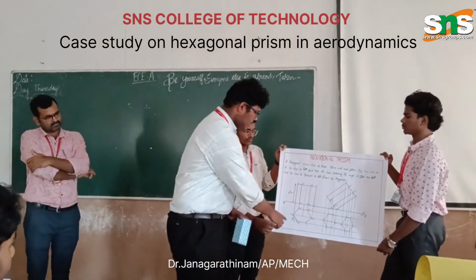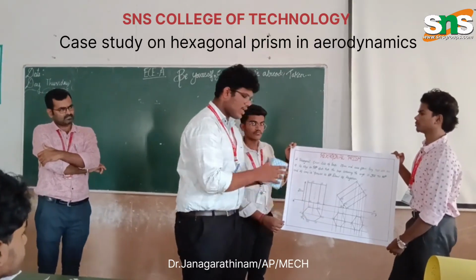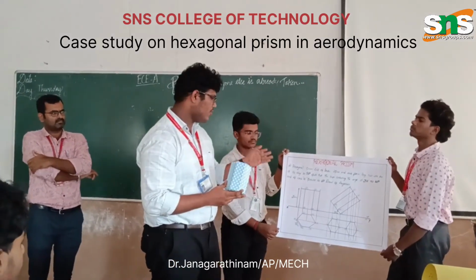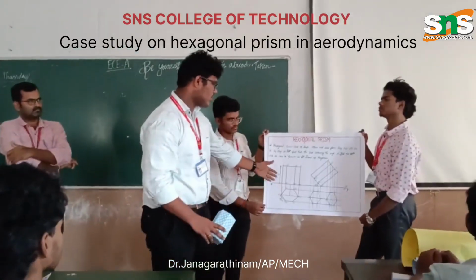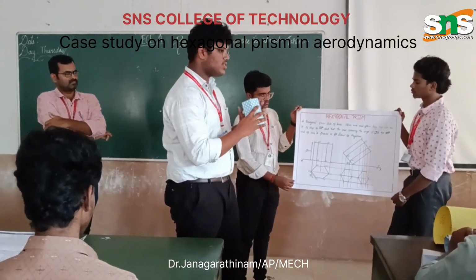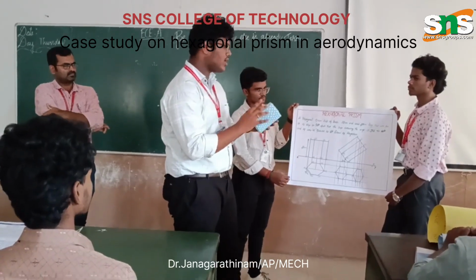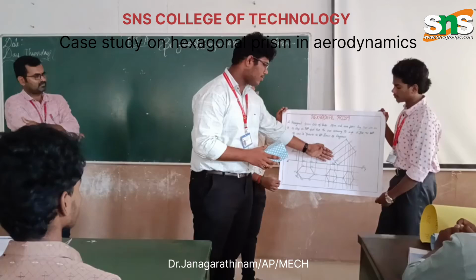So the 25 mm side hexagon is drawn and the rectangular face is seen in the top view. The top view with 50 mm is drawn here, and then the hexagonal prism is tilted 30 degrees to the horizontal plane. That is also drawn here and the dimensions are marked.